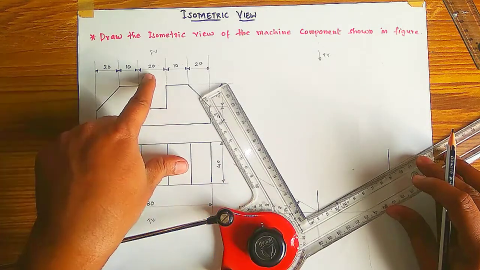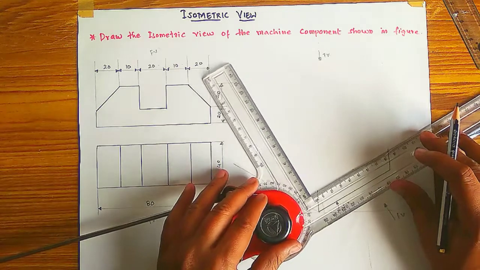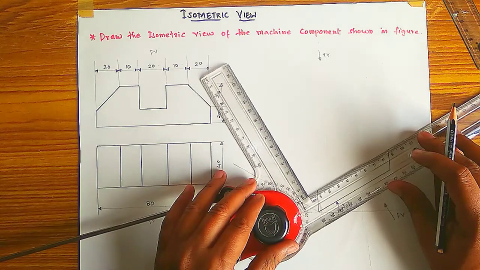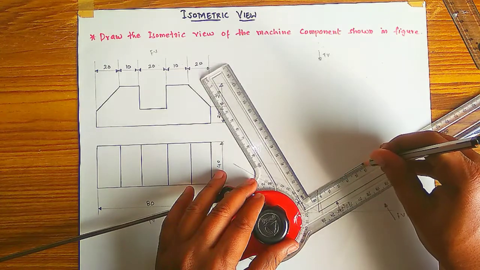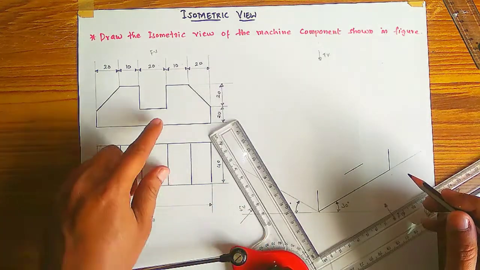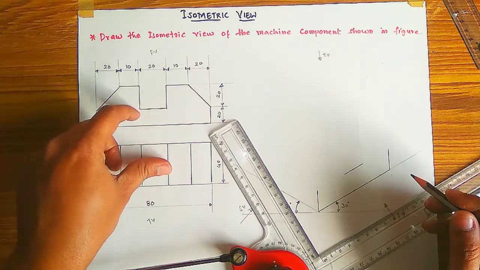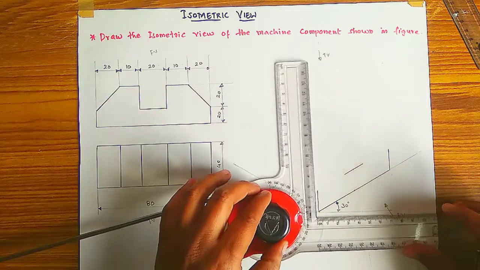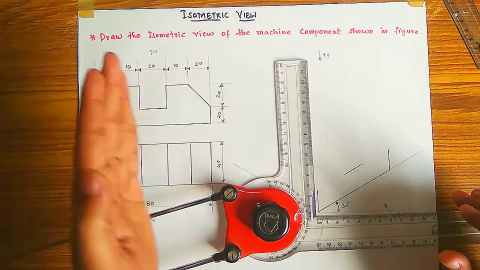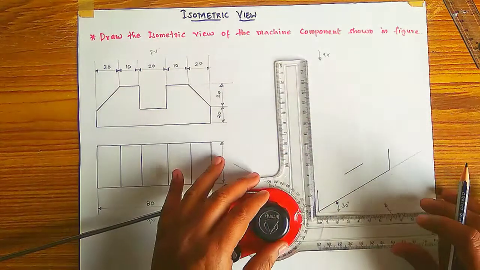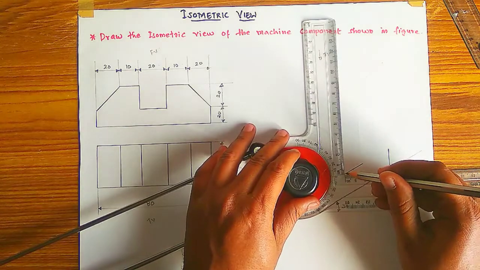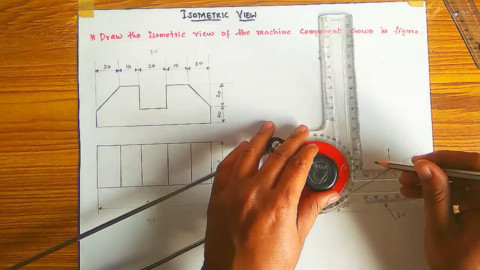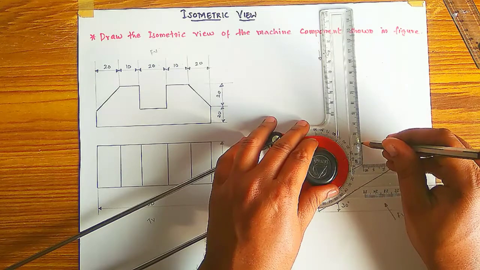This line is 20 mm. We have to draw the 20 mm line, 10 mm here and 10 mm there. This 20 mm line I have drawn, and this line is also 20 mm. The vertical lines should be drawn vertically only. So adjusting your divider, draw the 20 mm line from here and also from here.